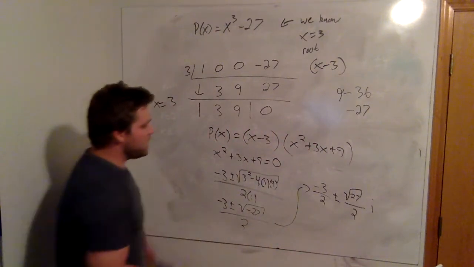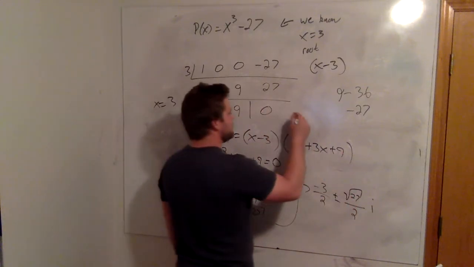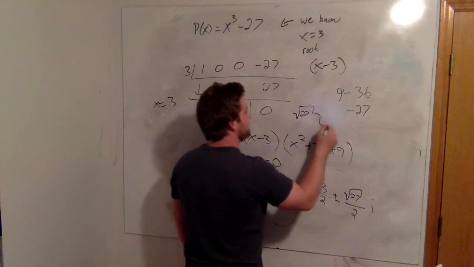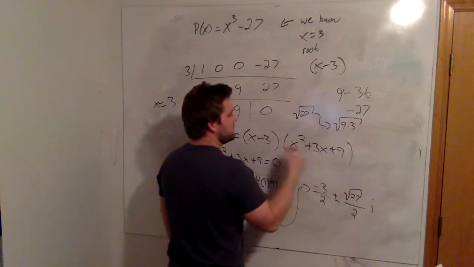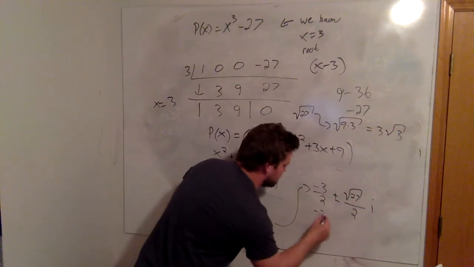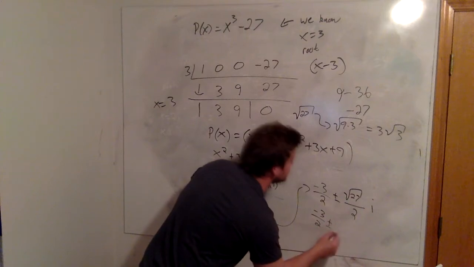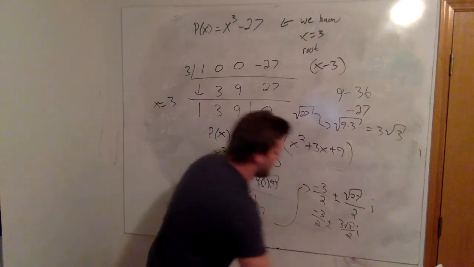If you want, we could break down 27 to clean up this square root. Notice that 27 is the same thing as 9 times 3, so the square root of 27 is 3 root 3. So we could write this as negative 3 over 2 plus or minus 3 root 3 over 2 times i.